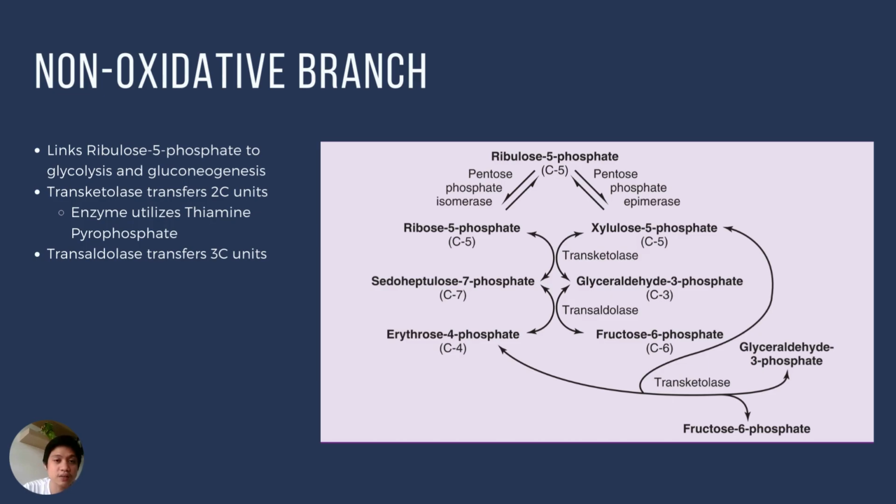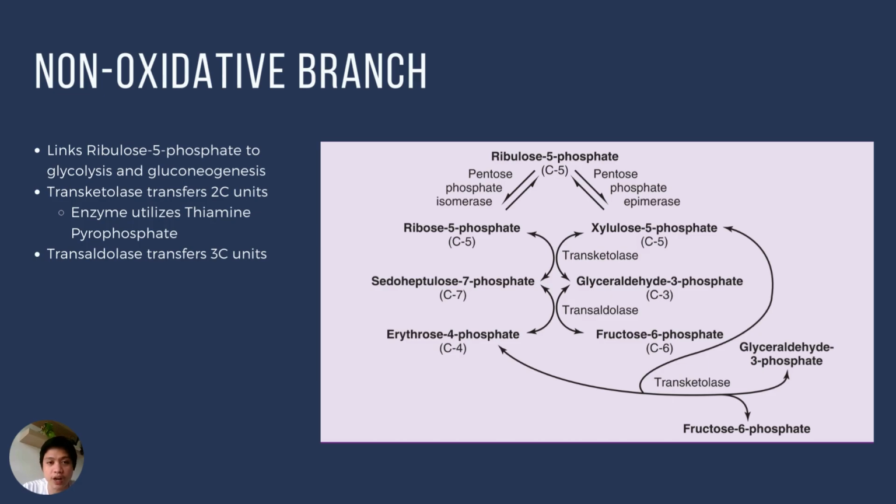Ribulose 5-phosphate can also be acted upon by an epimerase, which means that it acts only on 1 carbon in the 5-carbon sugar. By the action of pentose phosphate epimerase, we form xylulose 5-phosphate.